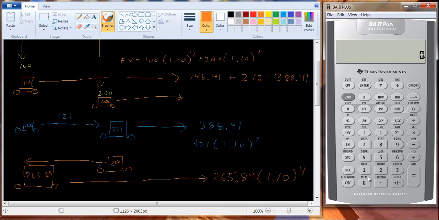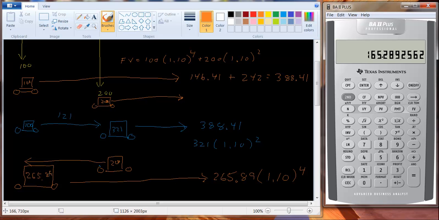So let's take 1.1 and raise it to the second power. Then I'm going to take the inverse of that and then multiply it by 200. And I get 265. Oh, I put 89 here. It should be 28. See, there's where my problem is.